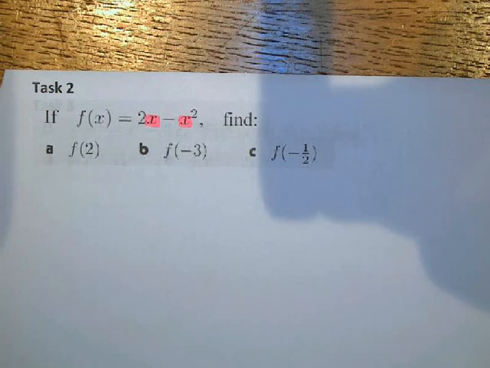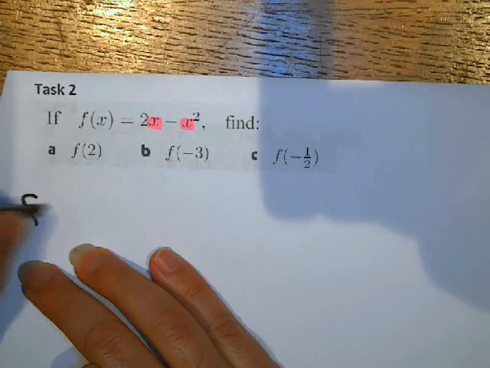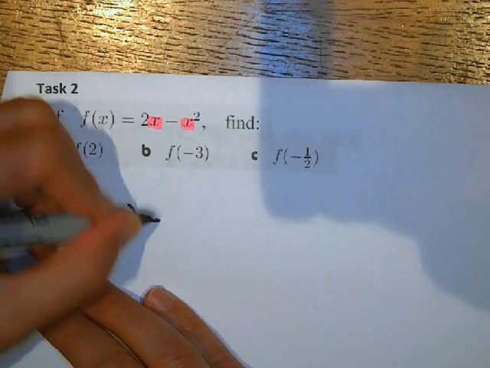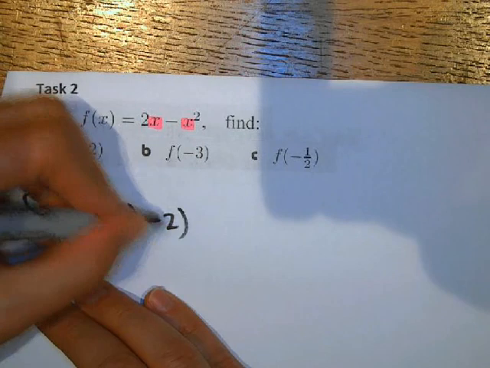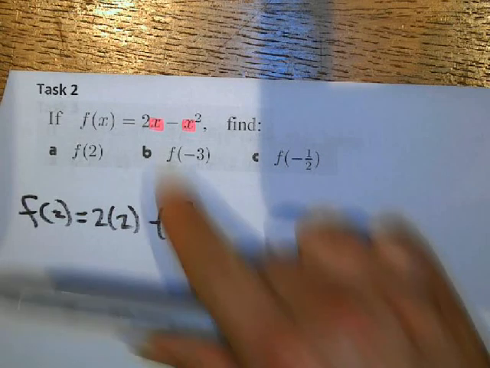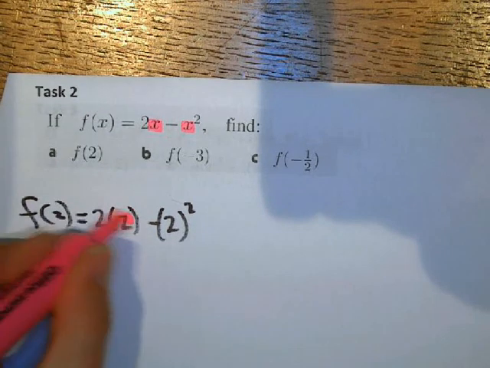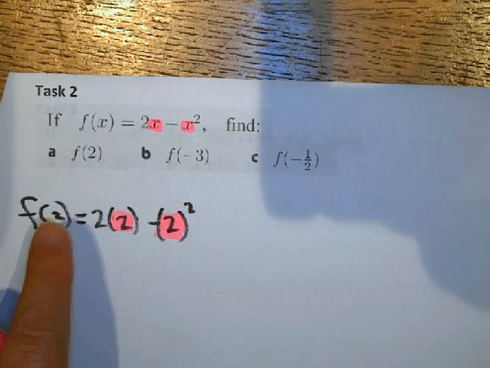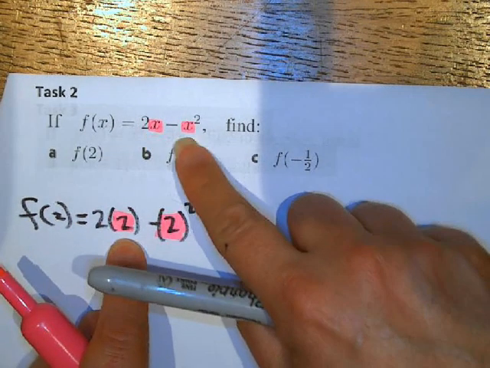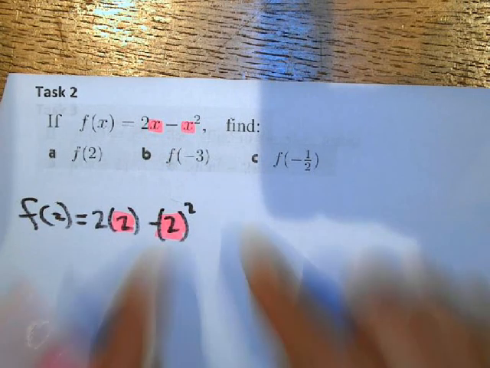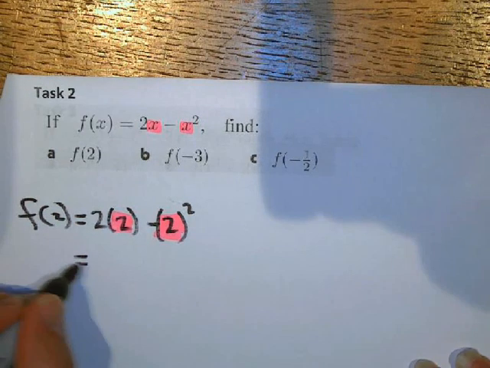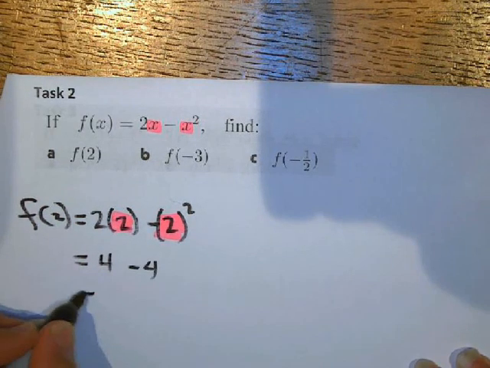So f of 2 simply means we're going to plug in, so instead of putting an x here, we have a 2. So this means when x is 2, we have 2 times this red 2 minus the red 2 squared. And then we simplify that, and we get 4 minus 4, which is 0.